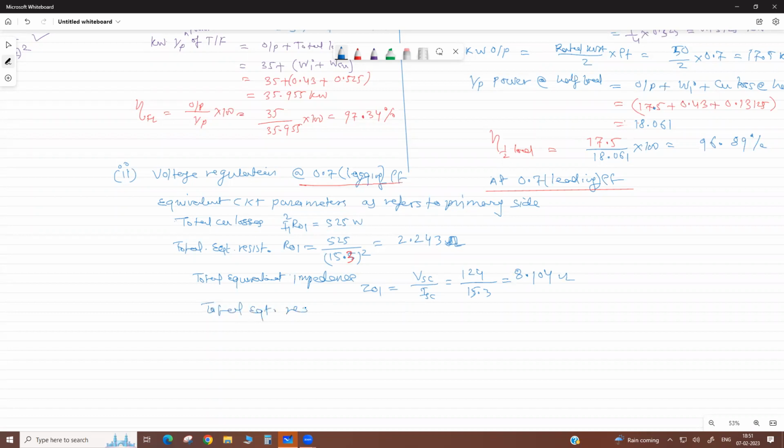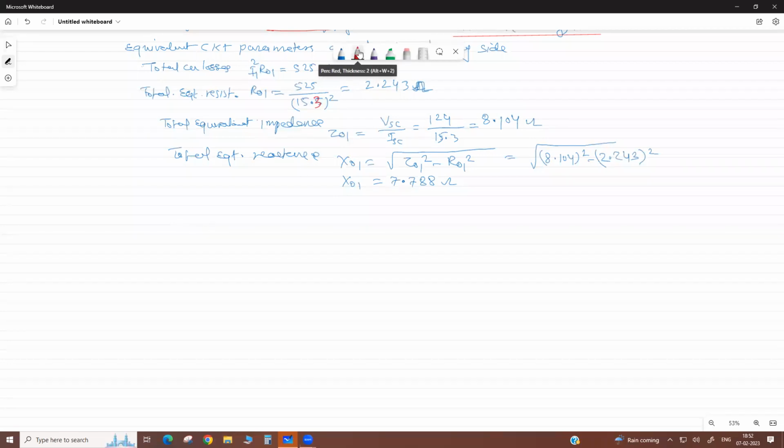Total equivalent reactance as referred to the primary side is the square root of Z01 squared minus R01 squared: 8.104 whole square minus 2.243 whole square. So this will come 7.788.